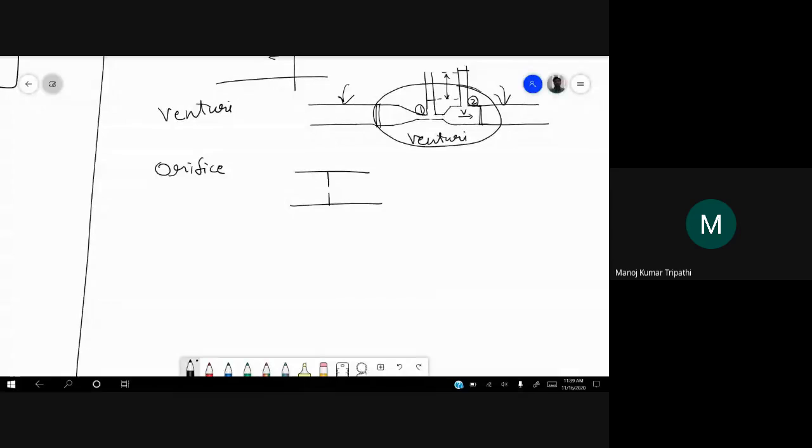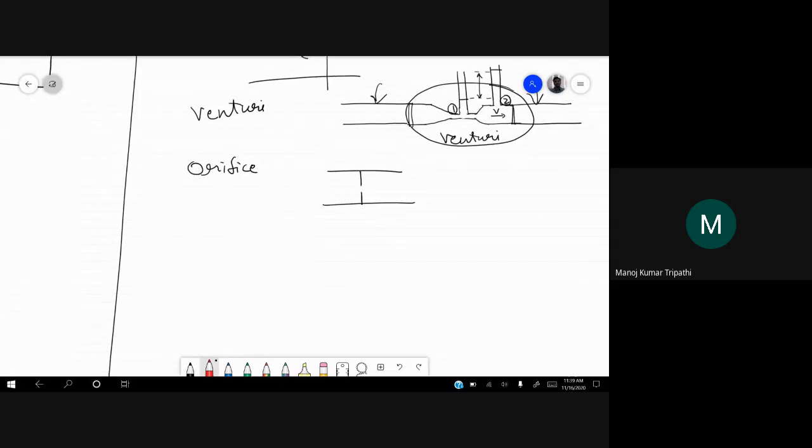Okay, so now if you see the flow streamlines, they will look something like this. Okay, and it looks like a Venturi meter again. Here also the streamlines will be like that.